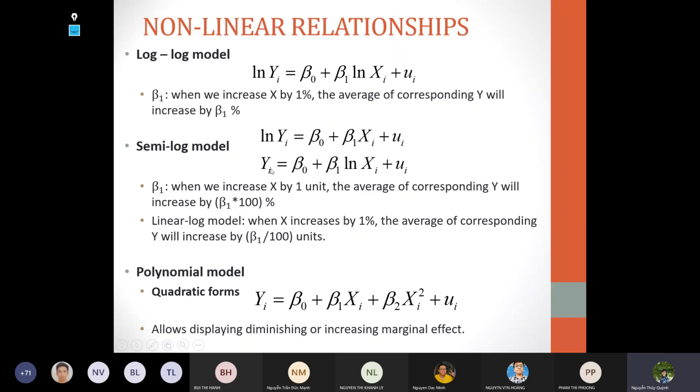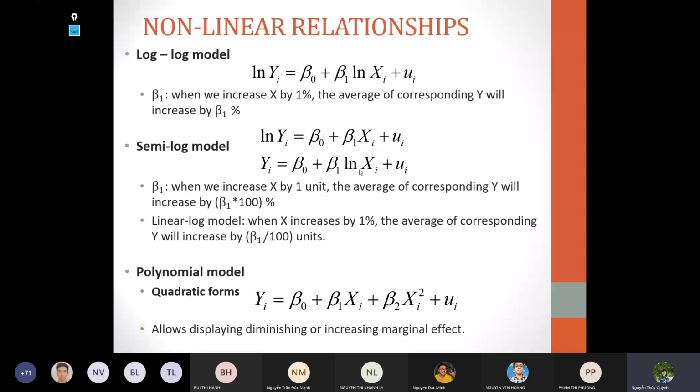For the second model, the linear log model, beta 1 tells us that when the natural log of x increases by 1 unit, y will increase by beta 1 unit on average. Now let's turn it into the relationship between x and y.